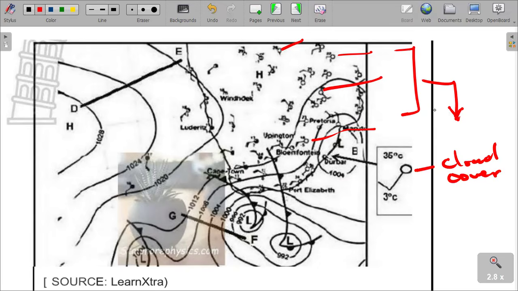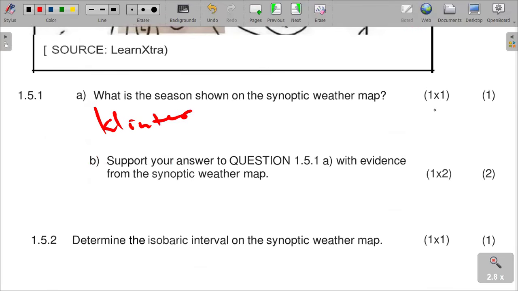So now, support your answer. It is clear skies on the east and interior of the country.